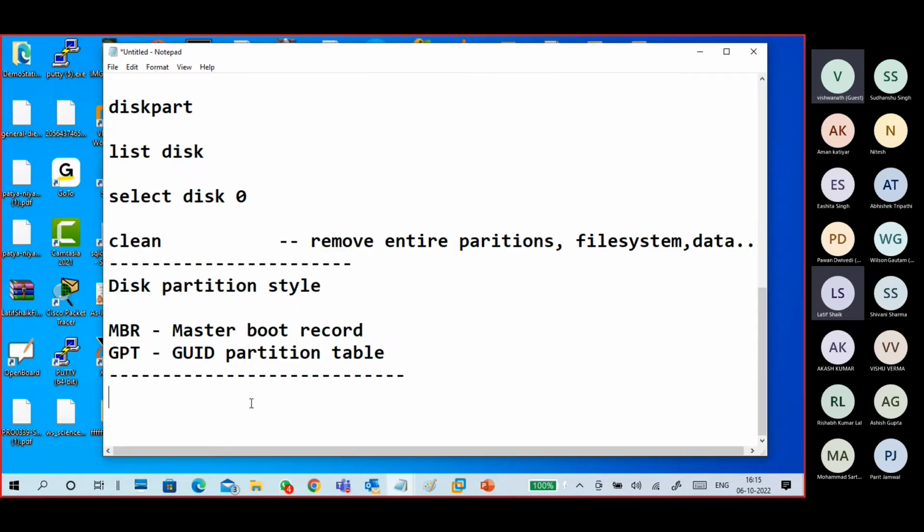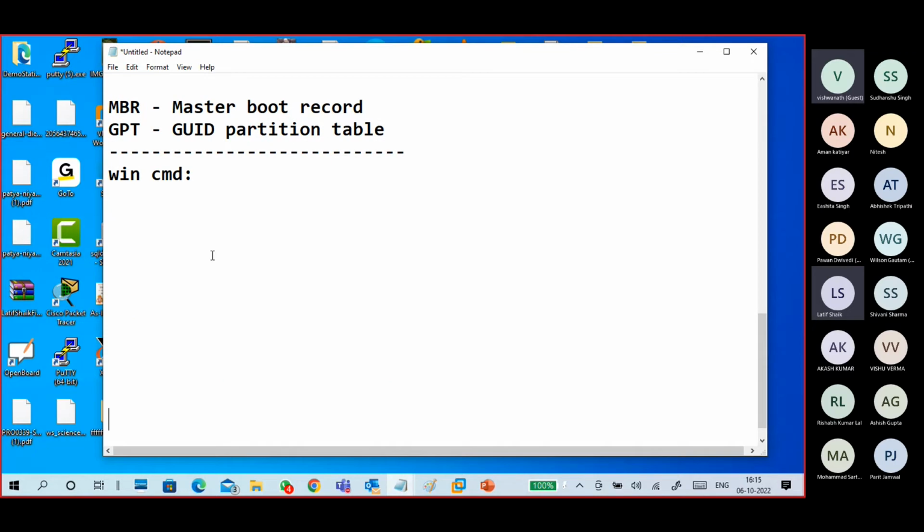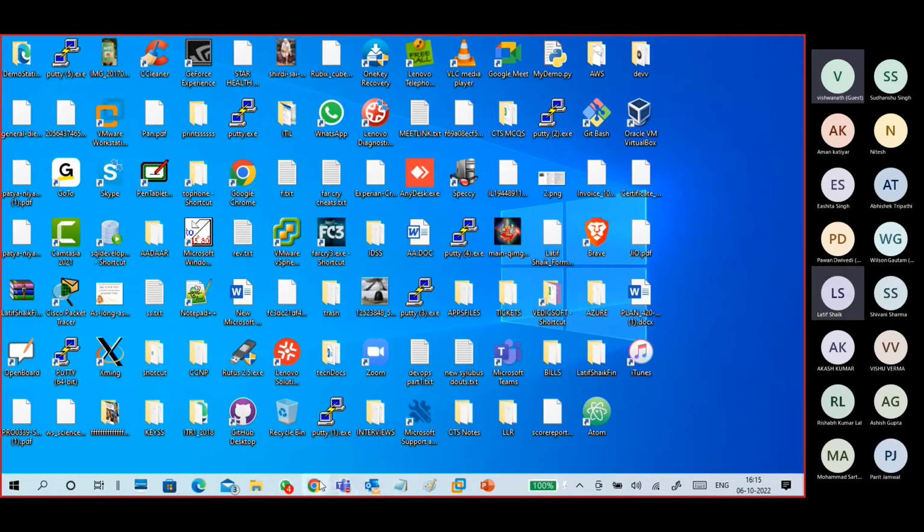And Windows commands, guys. I will try to share the Windows commands video also. You can try. There are basic Windows commands also.